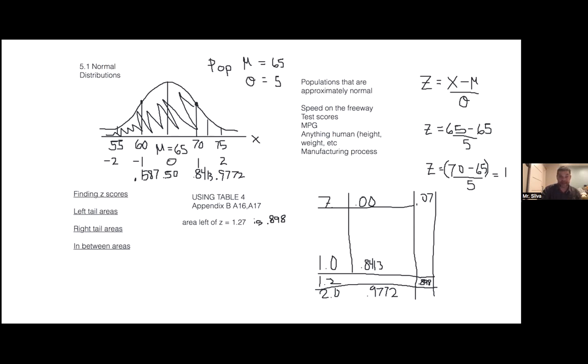That's the z-score. So I got 72 right here. That represents, I'm drawing the arrow, 1.27, which represents 0.898 as a percentile.